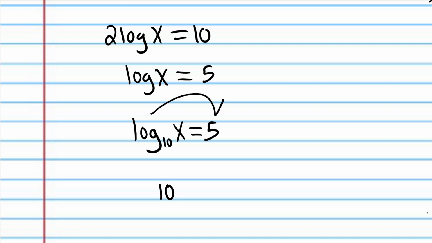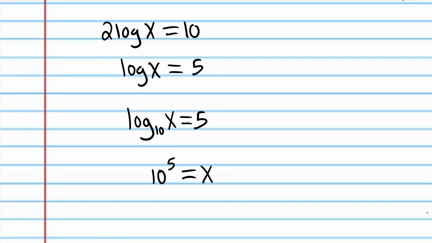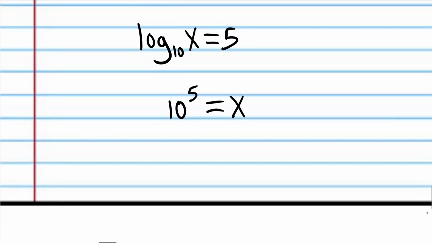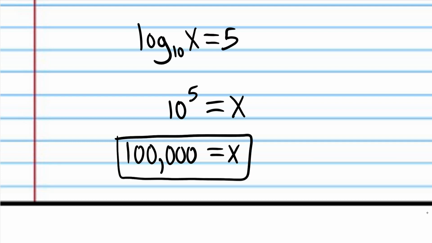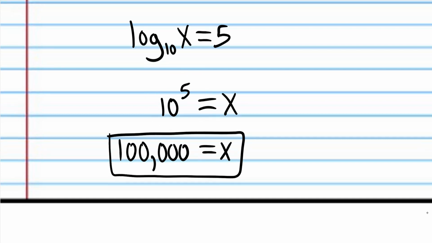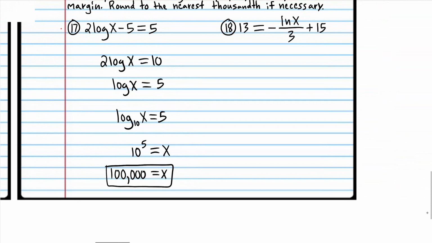The exponent is whatever the logarithm is equal to, and whatever's in the log function goes on the other side of the equation. Well, now we're done. If you want to, you can write the answer as 100,000. If you raise 10 to the 5th power, you get 100,000. But you can probably keep your answer as 10 to the 5th. I don't really prefer one way or the other.